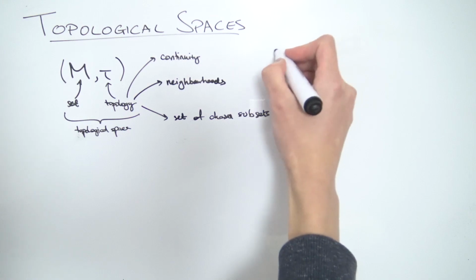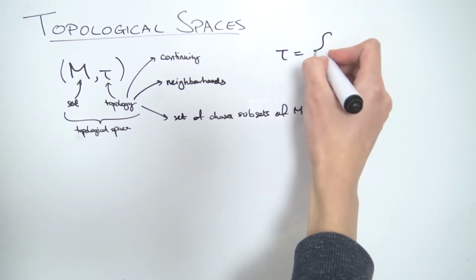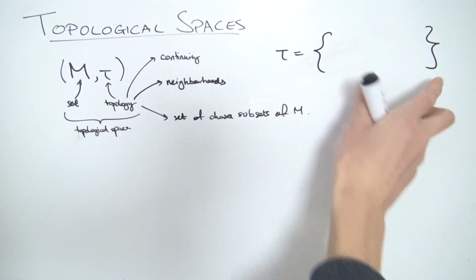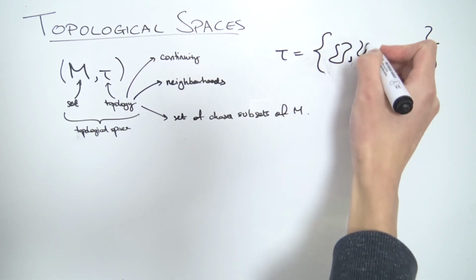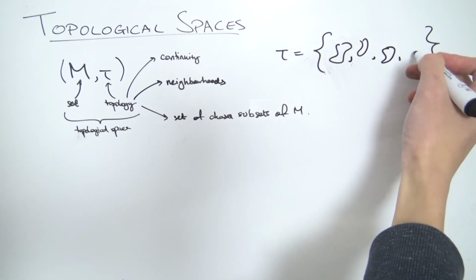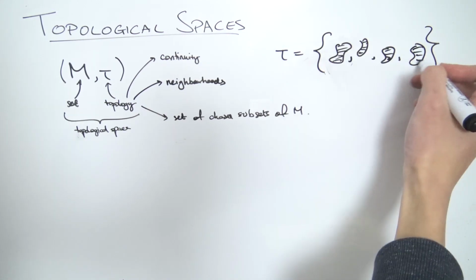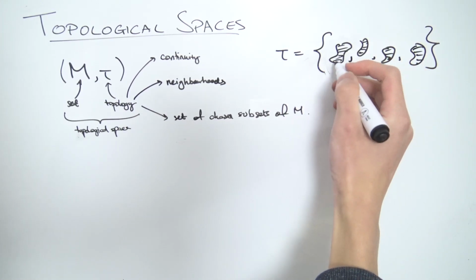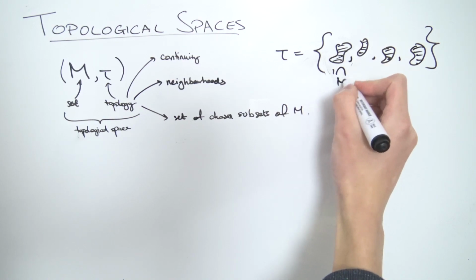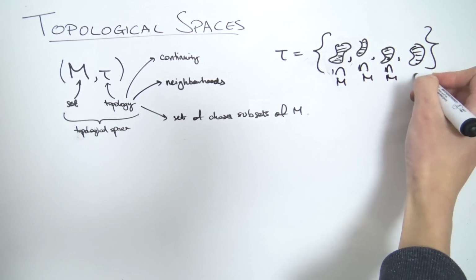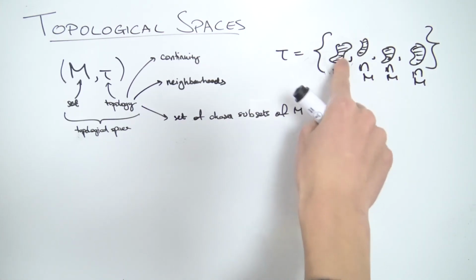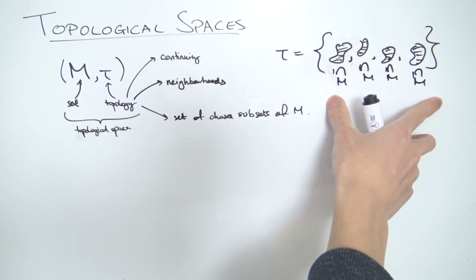So the topology, you can think about it as a big set. And what you put inside of this set are these little neighborhoods of your set M. Each of these little neighborhoods that I draw over here, you put them into your topology, and each of these is going to be a subset of your original set M. So the topology is simply a list of all of these subsets that you call the neighborhoods.